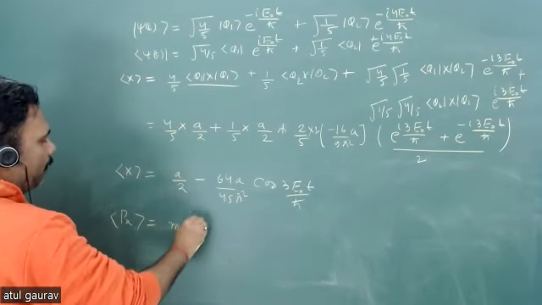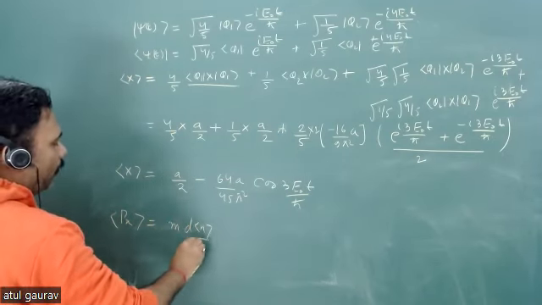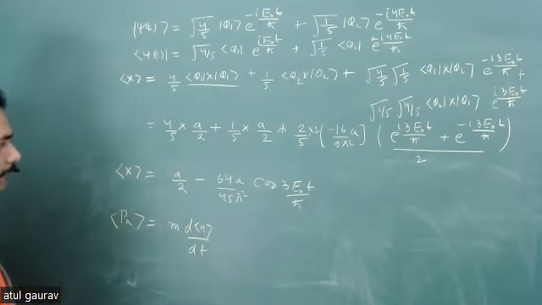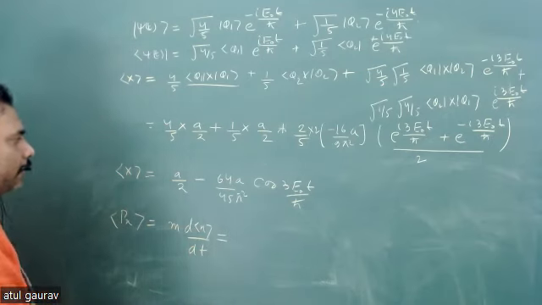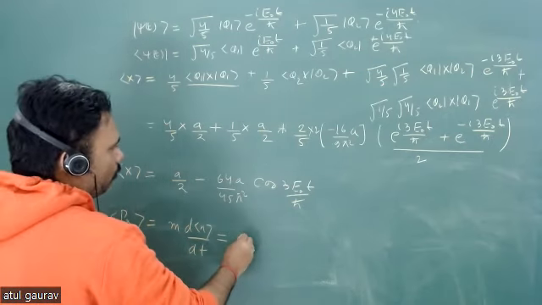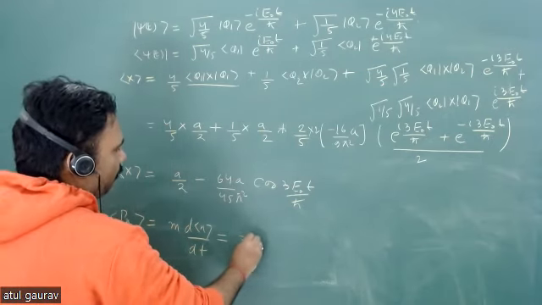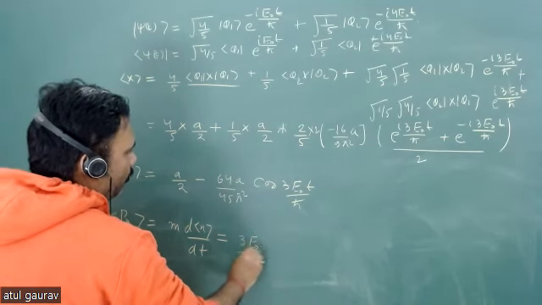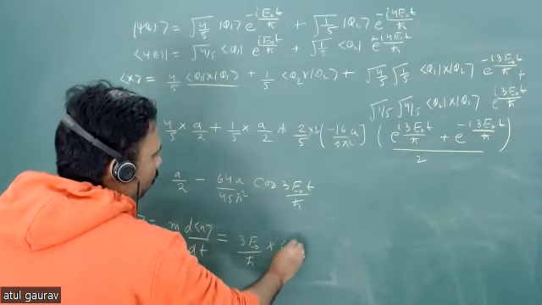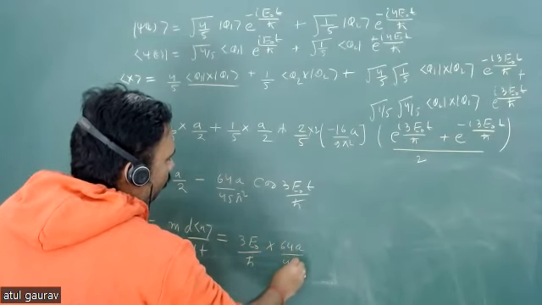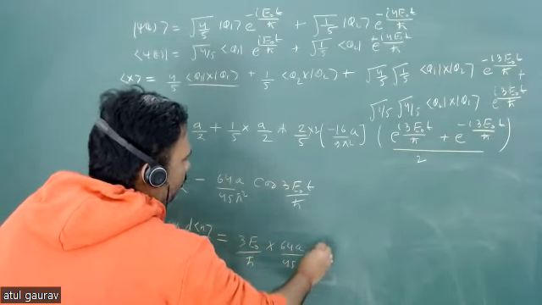m dx अपॉन dt. और इसकी वैल्यू क्या हो जाएगी? इसको आप डिफरेंशिएट करोगे, this value is 0. So this value is 3 e naught upon h cut into 64 a upon 45 pi square.